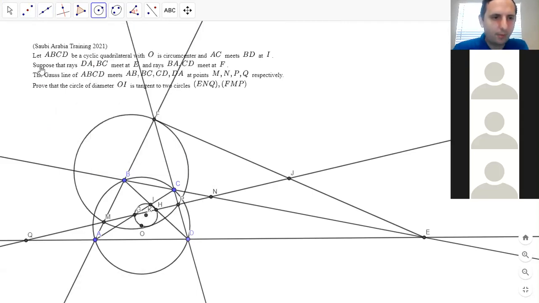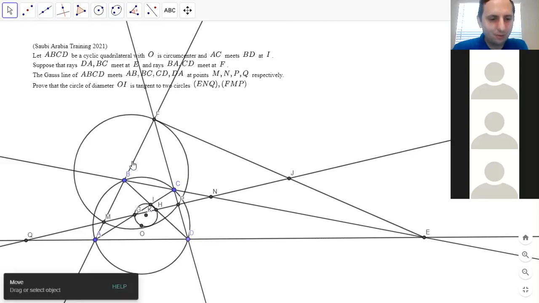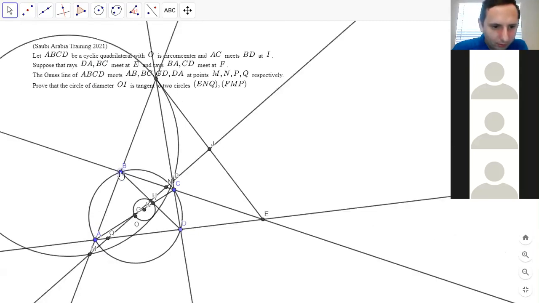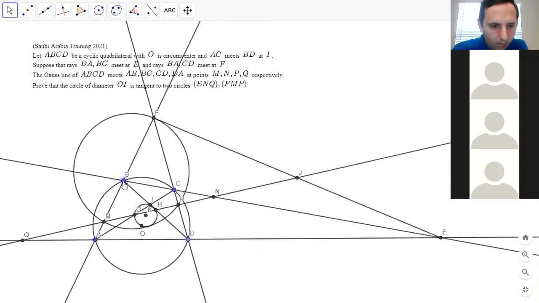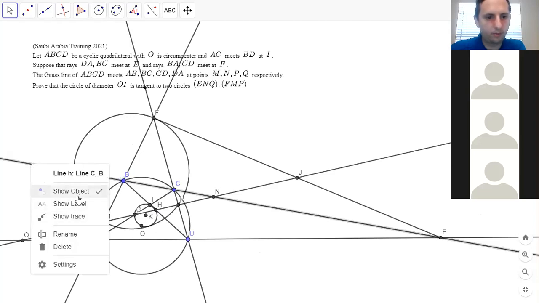Interesting. Does it pass through G and H? Yeah, definitely, because OG is perpendicular to GI. That makes sense. So this is cyclic and K is the center of it. Let me hide things to make it look nicer.